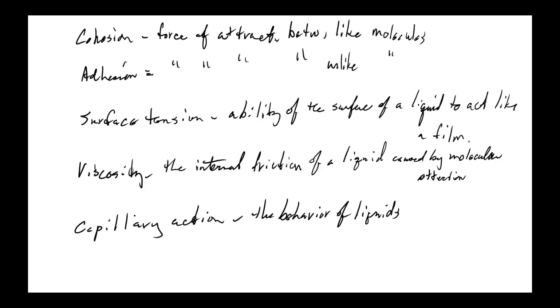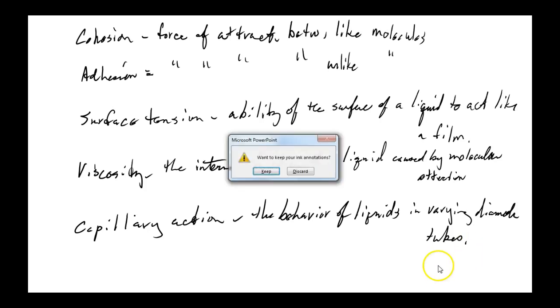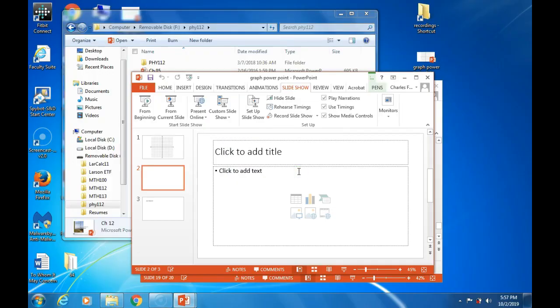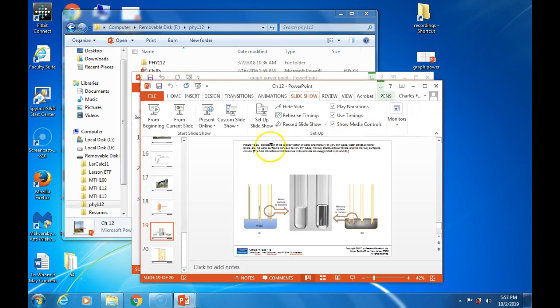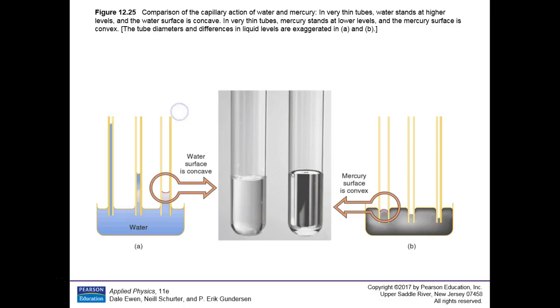Behavior of liquids in varying diameter tubes. Pictures are worth thousands of words, so let's go to the picture. This picture is going to show several things, and we'll focus on the ones we want now, and we'll use the rest later. Let's just look at the very first one right now.